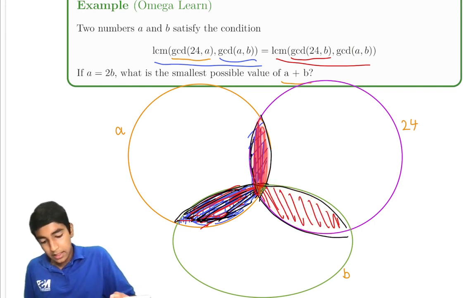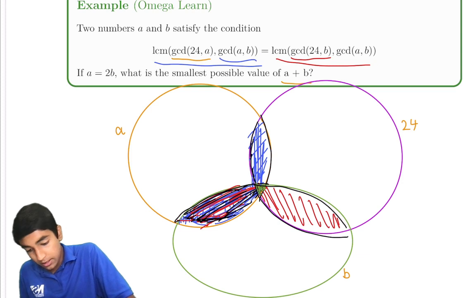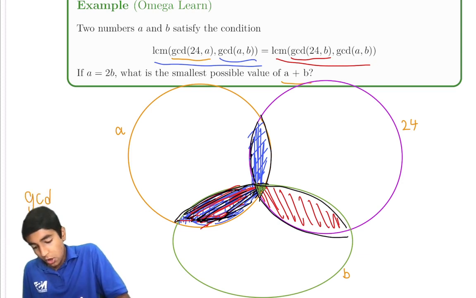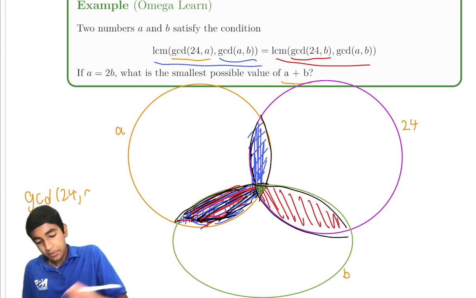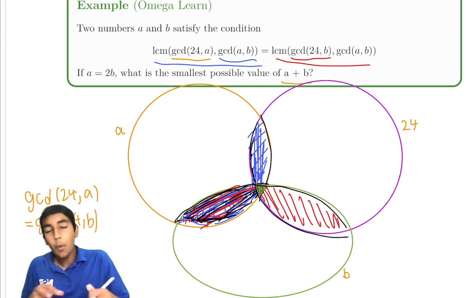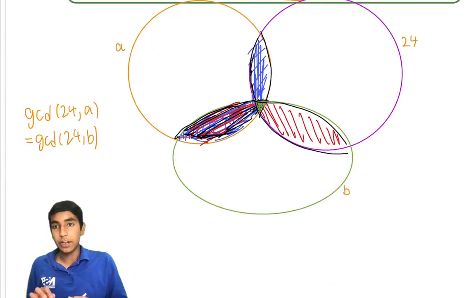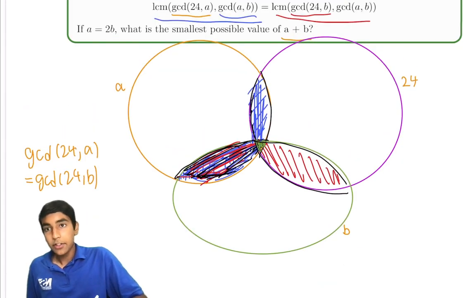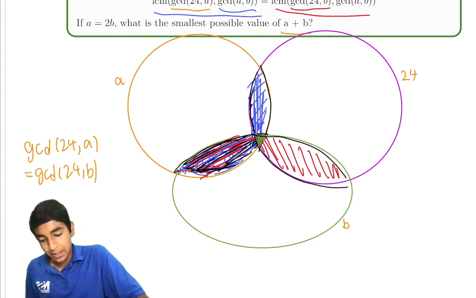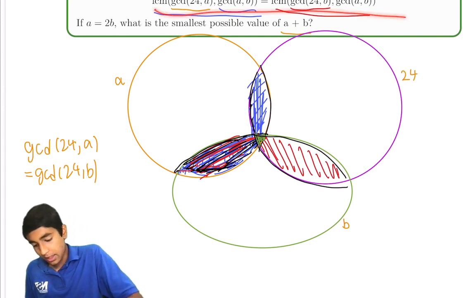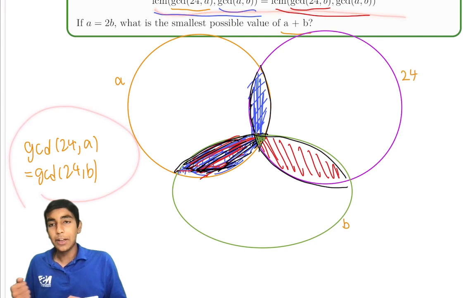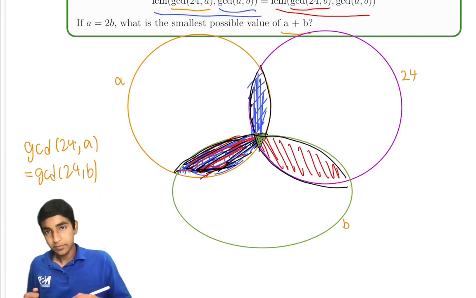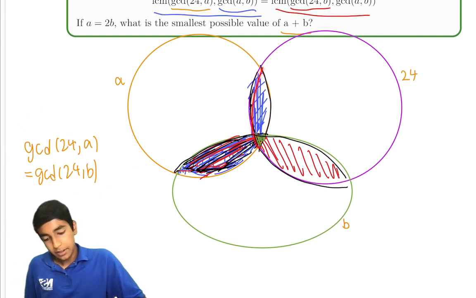Which essentially means that for our condition to be satisfied, we must have GCD 24a equal GCD 24b. So essentially what we just did with this Venn diagram is we simplified this giant complicated mess of a thing here and made it into something like this: GCD 24a equals GCD of 24 and b.